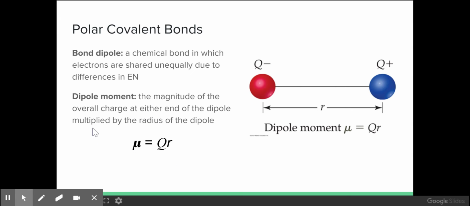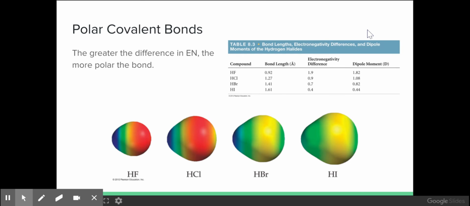This dipole moment equation is irrelevant in terms of what we need to know for AP Chemistry, but it's a value that can be calculated based on the overall charge at one end of the molecule compared to another one. The greater the difference in the electronegativity, the more polar the bond.